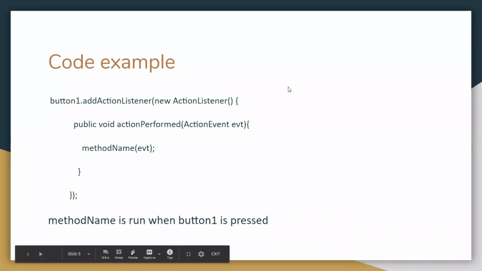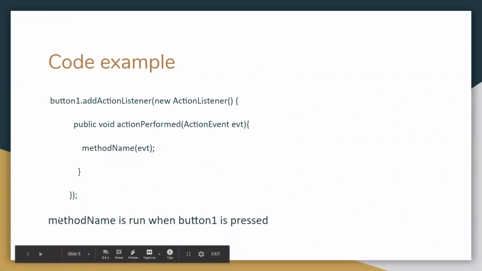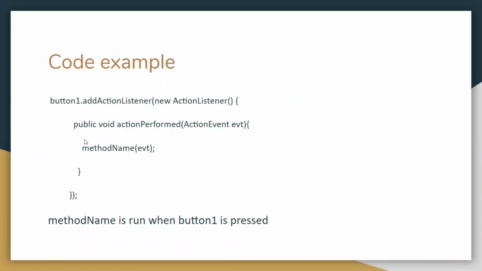This would be a specific code example. And what happens is if we write this piece of code, what it does is that when button 1 is pressed, this method name would be run.